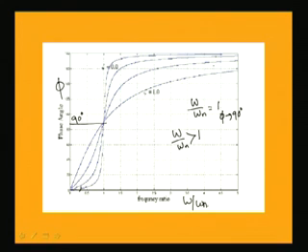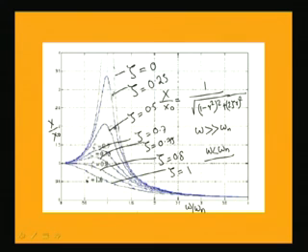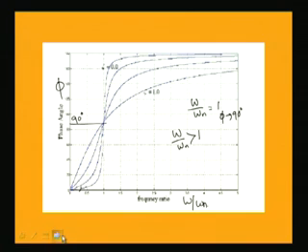So, in this way one can find the magnification factor of the system, and also one can find the phase angle of the system. Now, we should find what is the peak amplitude or peak value of this response, and what is the frequency at which this peak value is obtained.